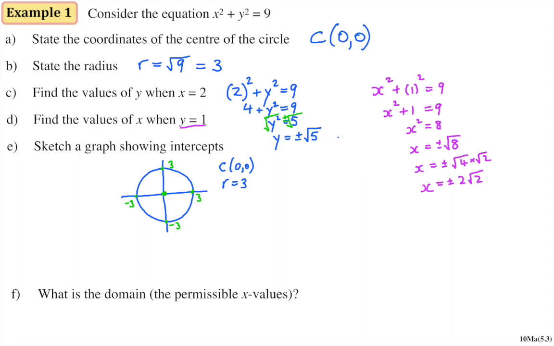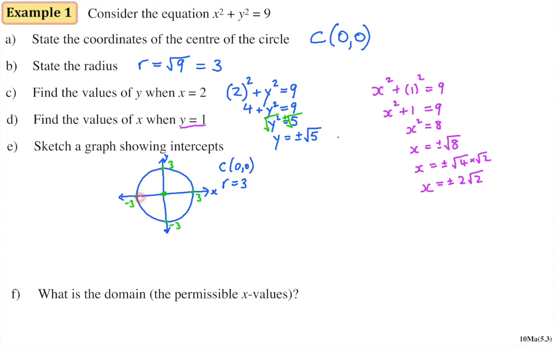What's the domain? Now remember, the domain, we talked about it the other day, is the permissible x values of this graph. So when you look at this graph, remember, this is the x-axis and this is the y-axis. So when we look at the permissible x values, we're talking about how far does this graph go in the x direction, so left and right. What are the permissible values to the left?